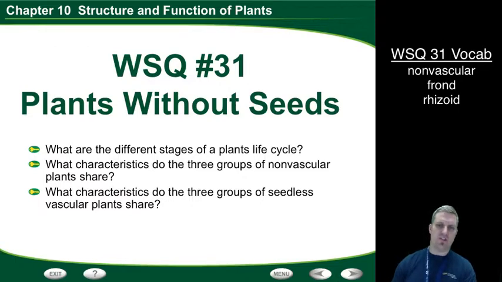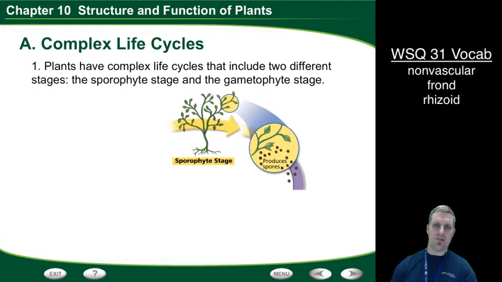Then we're going to talk about the characteristics that the three groups of non-vascular plants share, and the characteristics that the three groups of seedless vascular plants share. So we're going to basically classify and categorize non-vascular plants, which would include those bryophytes, along with the seedless vascular ferns and horsetails and things like that. So let's get to it.